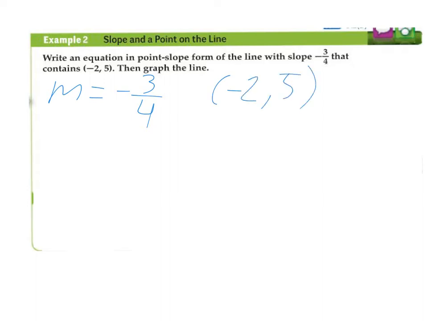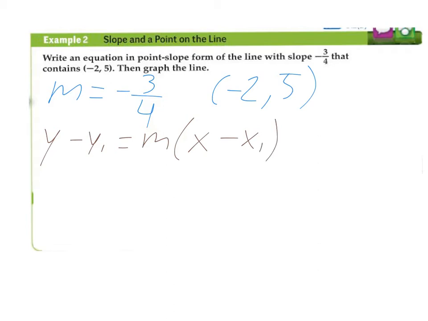So we're going to use our point-slope equation, y minus y sub 1 is equal to m times x minus x sub 1.